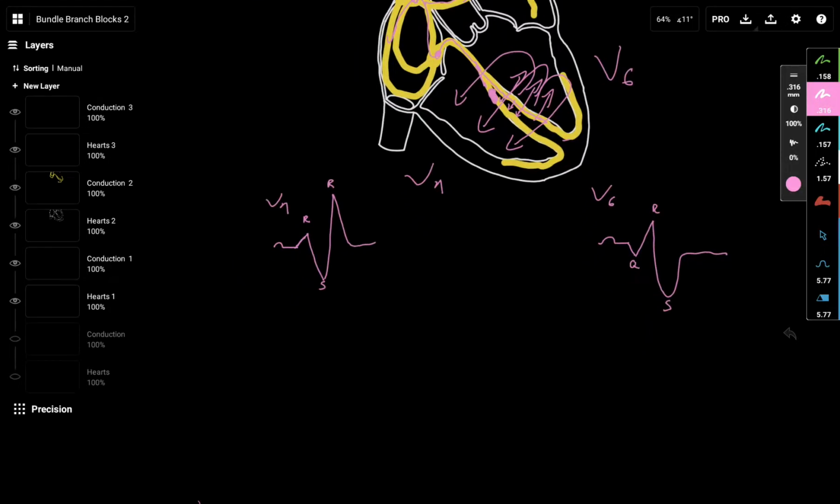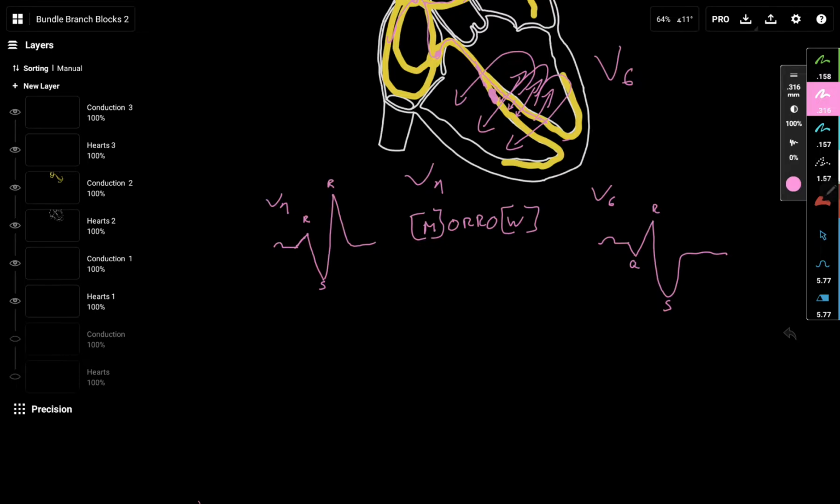So what are the ways we've got to remember? So aside from my RSR morphology in V1, as a reminder, we also have MaRRoW. Here we go. Why MaRRoW to remember this? Well, let's have a look at it.